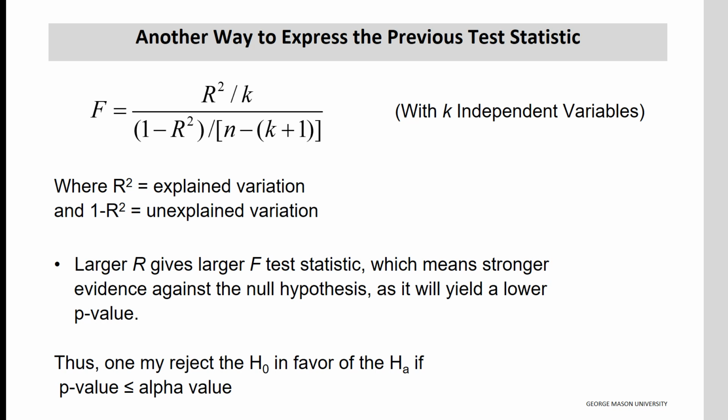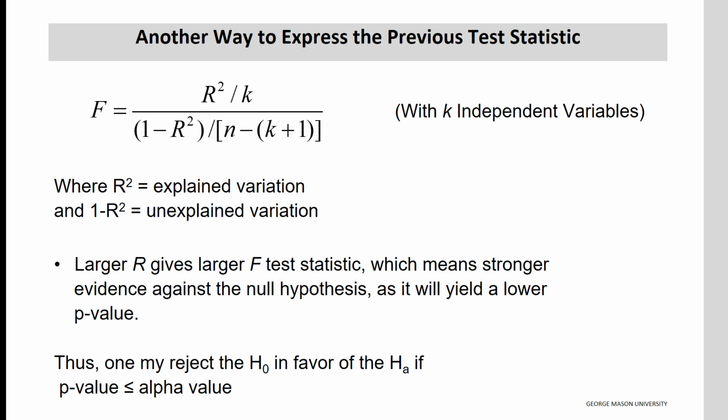So the F test we saw in the previous slide can also be expressed as R squared over k. K, again, is the degrees of freedom, and it depends on the number of independent variables in the regression model. And R squared stands for the explained variation, over the amount of unexplained variation, 1 minus R squared, divided by its degrees of freedom.